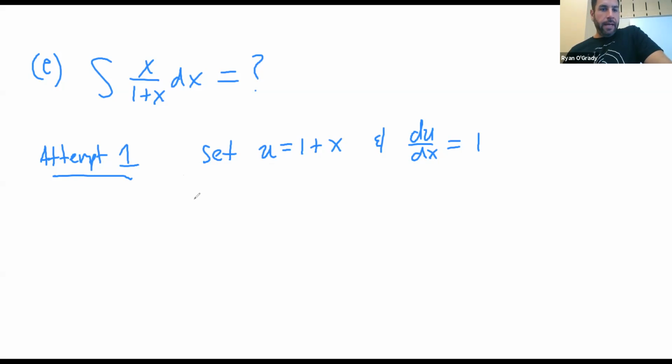When I do that, it looks like I'm stuck, because I get x over u, and dx is just du, so I'm stuck with this x here. But I don't have to write x here.